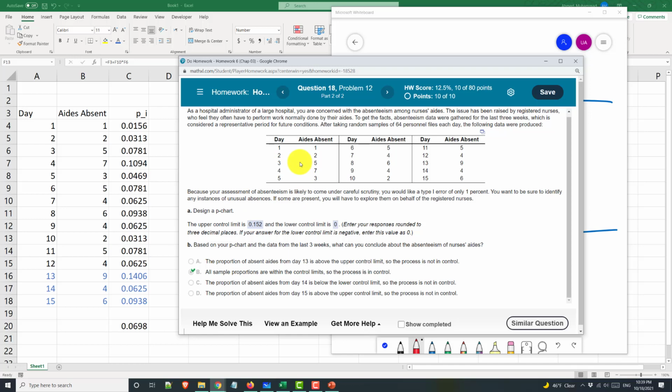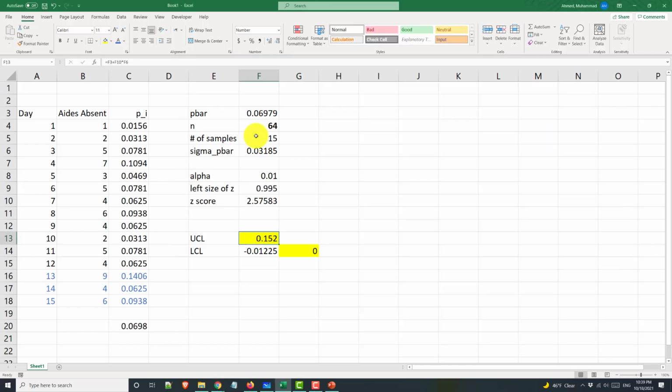So if you look at the working example in the book, once you find P bar, or even if you don't find P bar, actually the book examples do give you data like this. Only in the Cpk problem, the book examples give you the metrics and you don't have to calculate them, but in the P chart problems, you're often given data like this, and you have to find P bar and sigma P bar.